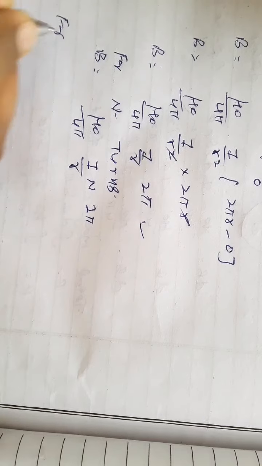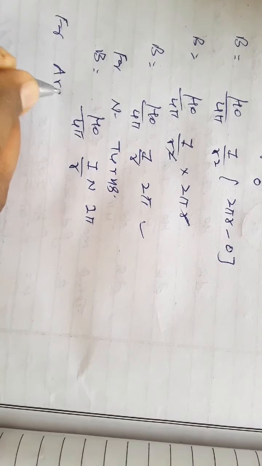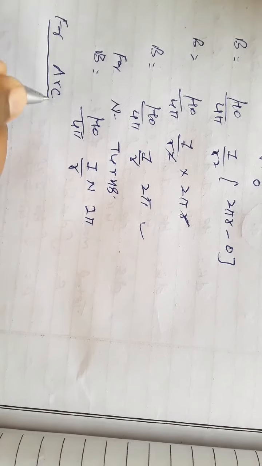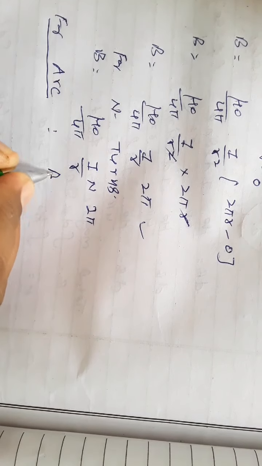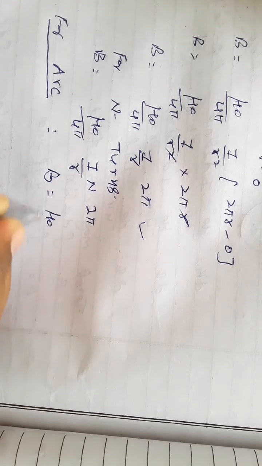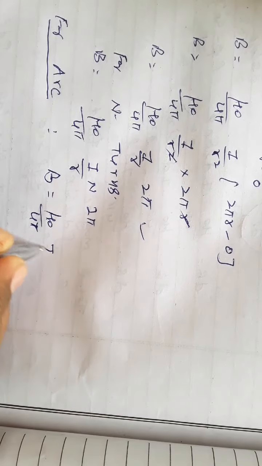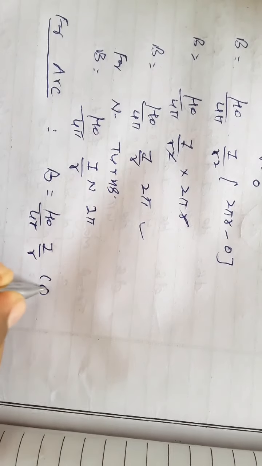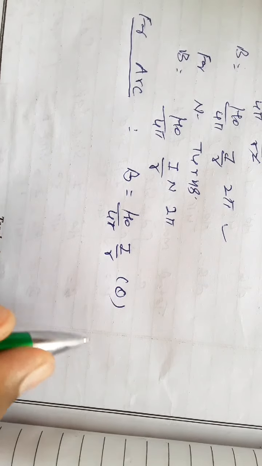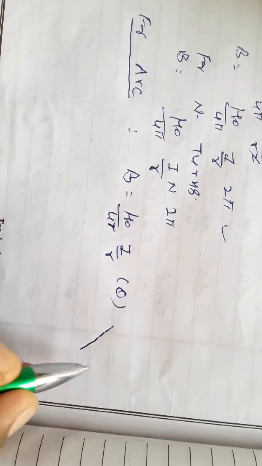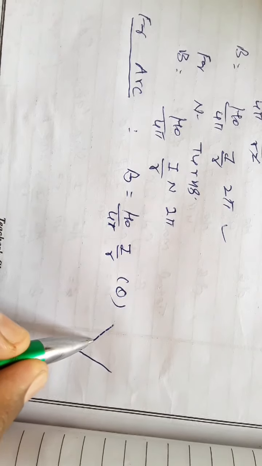Now, for an arc or semicircle, you can write B is equal to mu naught upon 4 pi into I upon r into theta. Theta is the angle. Suppose an arc is given like this. This is angle theta.